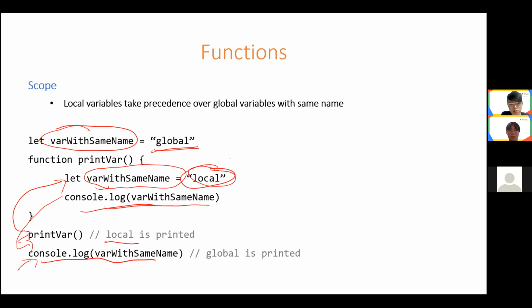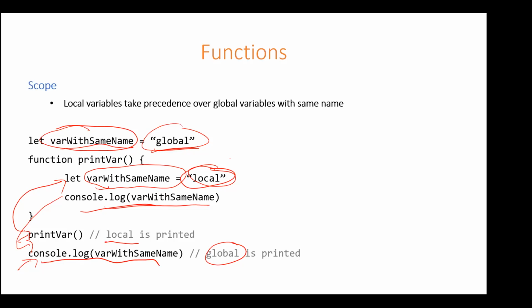Now this statement is in the global scope already. And in the global scope, I have this variable var with same name with the value of global. And that's why global is printed. So you can see I have two variables with the same name, but they print differently depending on where the console log is. And the reason has got to do with scope.